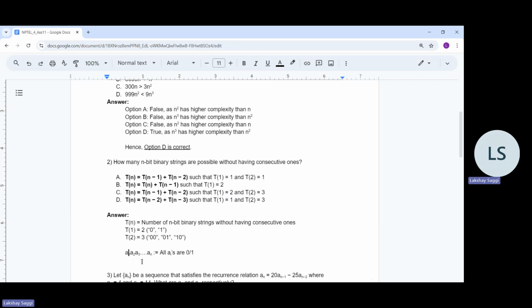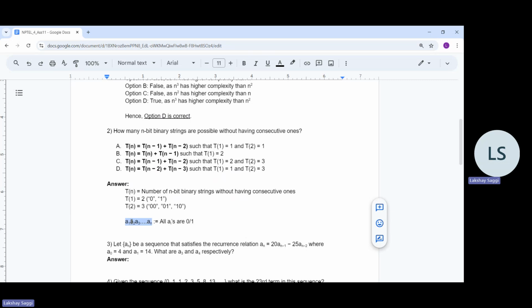Now we have to look at the different possible cases for these AIs.